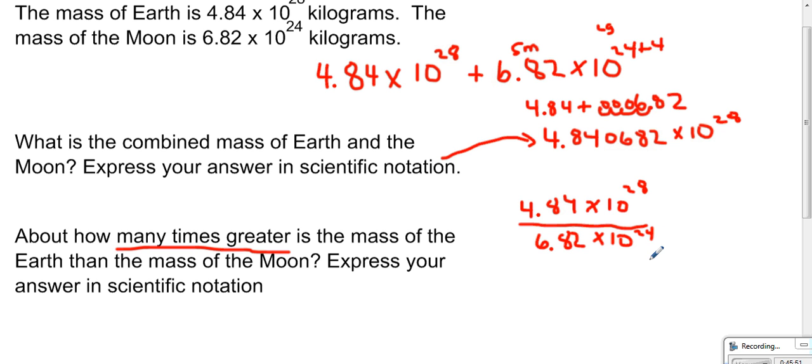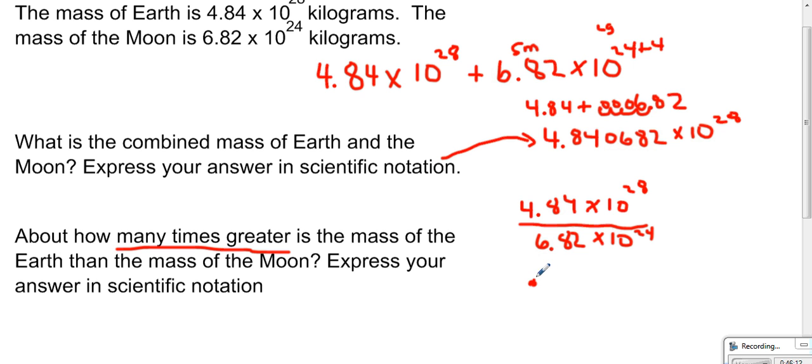So this is the first division problem that we have to do. And you just divide. Remember, when you divide, you're dividing this number by this number. All right, so it's 4.84, and you have calculators for this, divided by 6.82.